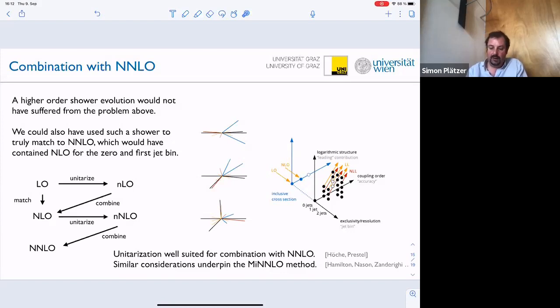contribution. And something similar would have happened if we had played the unitarization at leading order. We could have looked at leading order, and we could have merged leading order. We could have been observing the possibly problematic term. We could have unitarized it away. And by unitarizing it away, we produced an approximate next to leading order calculation.